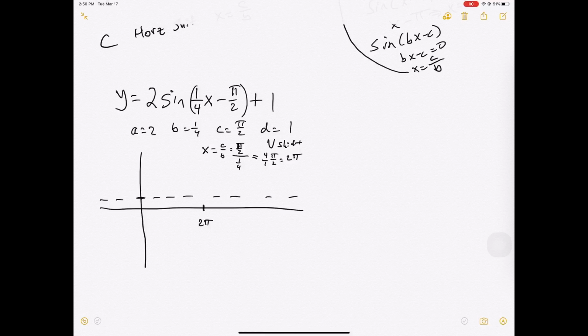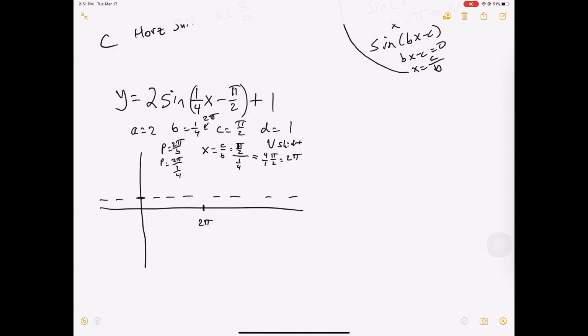Not only do I start at 2 pi, well, how long is it going to take me to finish the graph? Well, in 2 pi, we only finish a fourth of my graph. So how long does it take me to finish the full graph? Well, P is equal to 2 pi over B. Just stick to the equation. P is equal to 2 pi over 1/4.